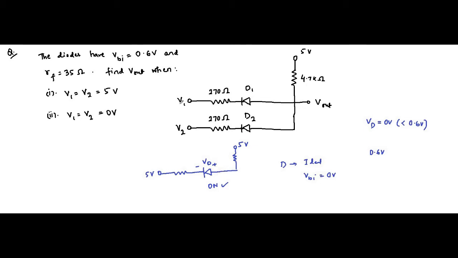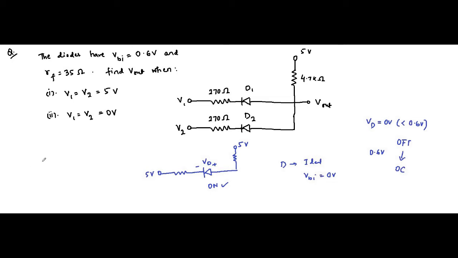When V1 and V2 are equal to 5 volt, the P end is connected to 5 volt, and the N end of the diode is also connected to 5 volt, both ends at the same potential. For this non-ideal diode with a built-in potential of 0.6 volt, it would not be enough to turn the diode on. So the diode will be off. It will be open circuited.